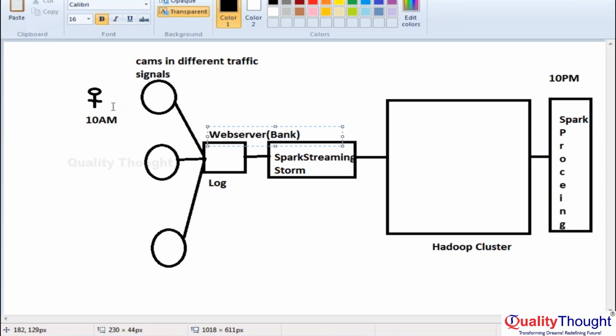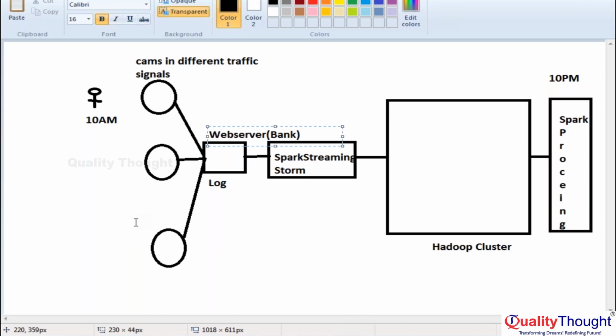Different places, people are doing credit card transactions. So one person did a transaction in Hyderabad, and immediately the same transaction happens in USA. One person cannot do transactions from different locations at the same time, right? So we want to find fraud transactions.